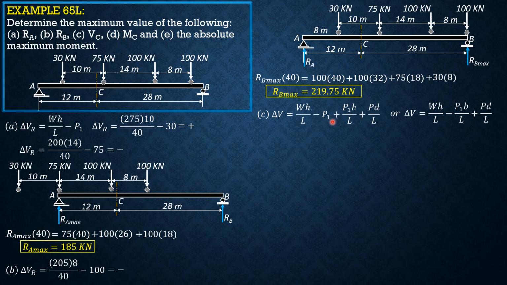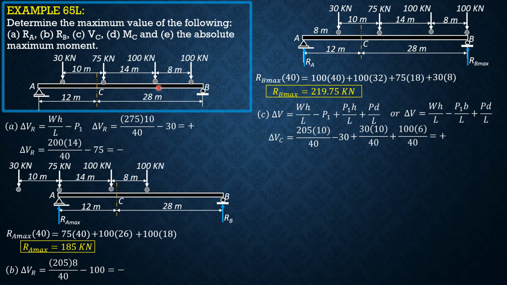So here, because P1 will fall on the beam because H is 10, delta V is 205 times 10 over 40, then minus 30 plus 30 times 10 over 40, this term here, and there is an incoming load of 100 times D, which is 6 over 40. So the sign is positive, still positive.